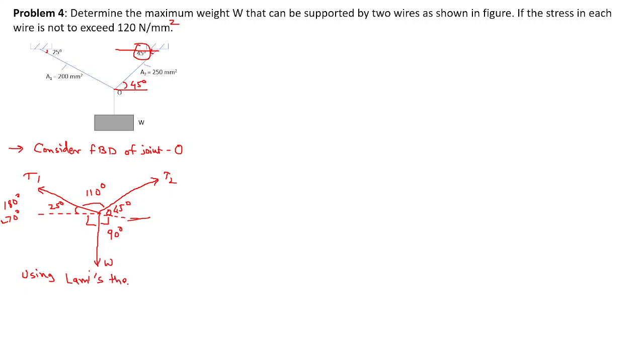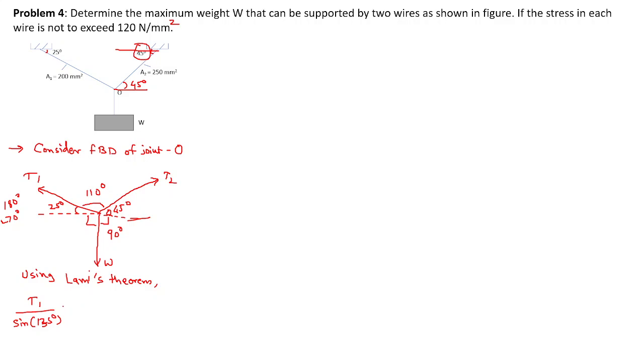You can write it as I showed you before: T1 divided by sin. Here, just check. We do not need to write theta 1, because our angle is given. We can simply write it as 90 plus 45, which is 135 degree.